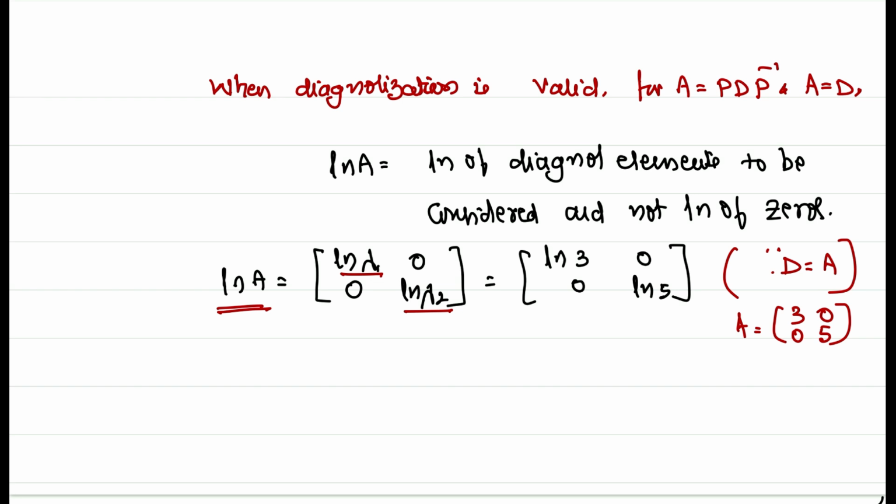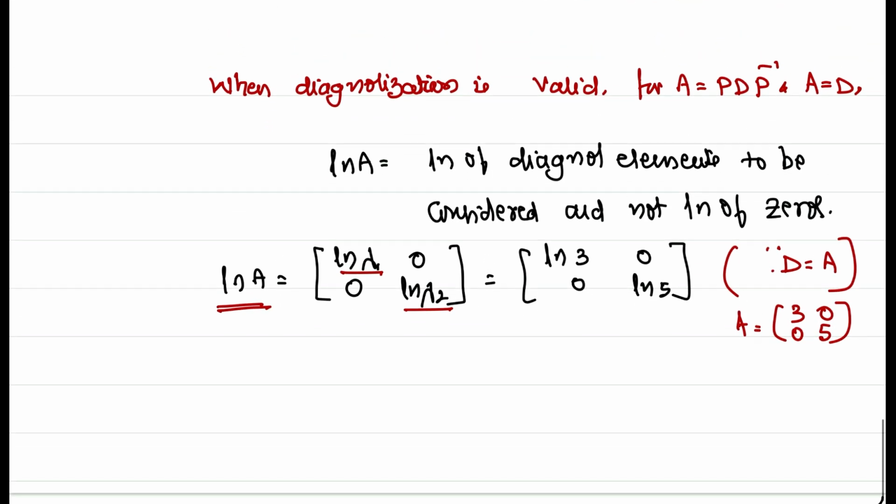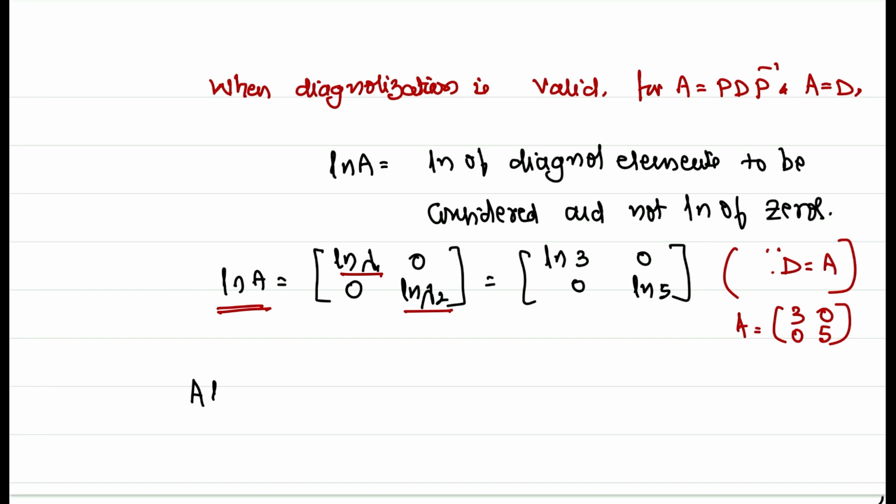Now you tell me, now the problem is solved. Now what is A ln A? A ln A is equal to [3, 0; 0, 5] times [ln 3, 0; 0, ln 5].